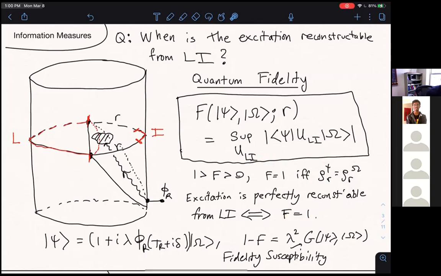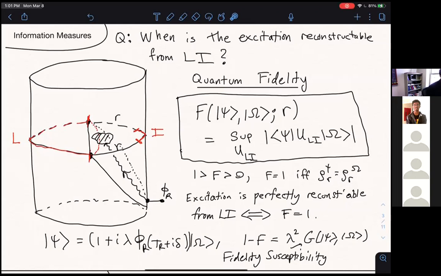So it's 1 if and only if the excitation is perfectly reconstructible from L union I. So what we would like to do is compute the quantum fidelity for these states psi. And this is where the small lambda limit will help us. The fidelity is hard to compute explicitly in general, but we can make headway if we take the small lambda limit and expand perturbatively.